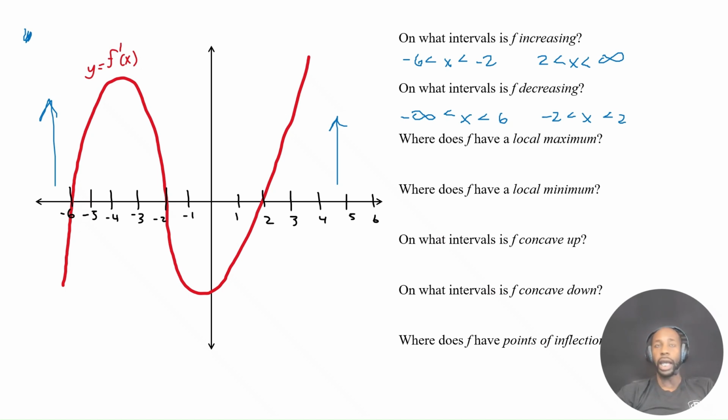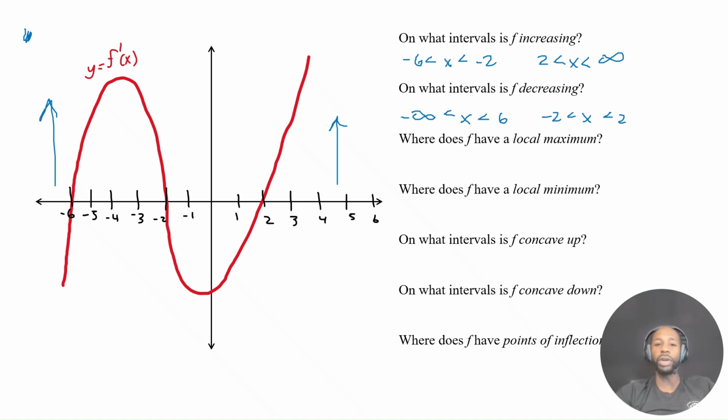Okay. Now, next question. Where does f have a local maximum? So keep in mind, what is a maximum? It's basically like the top of a hill. Whenever the function f has a hill, what is true of the first derivative? Wherever you see a maximum, the first derivative is equal to 0.